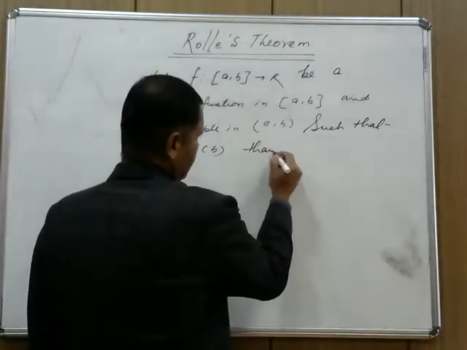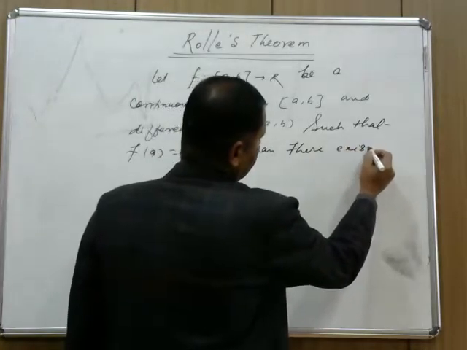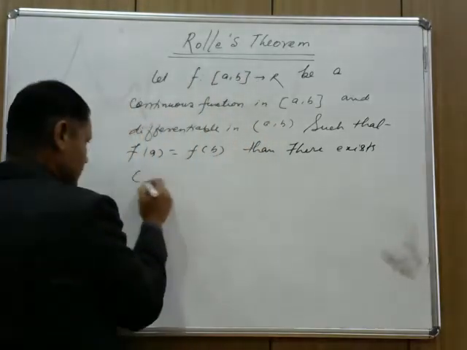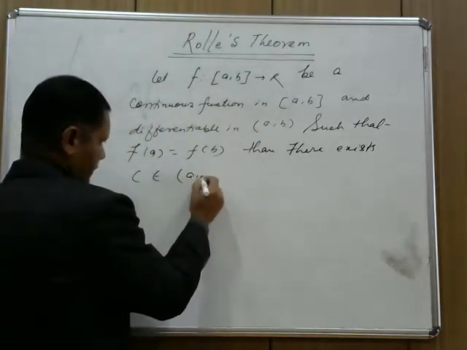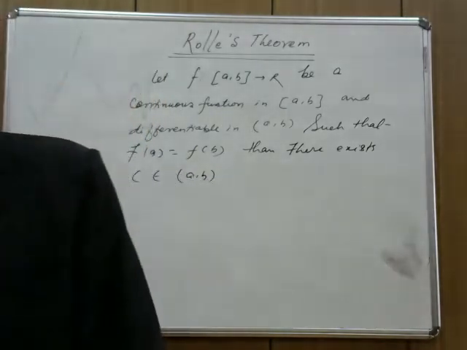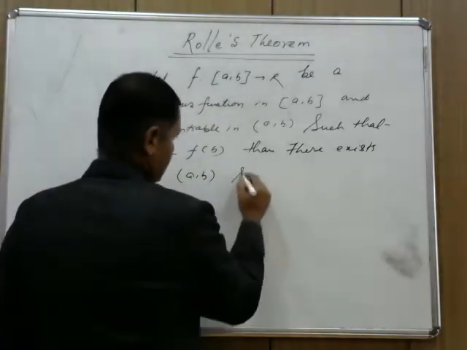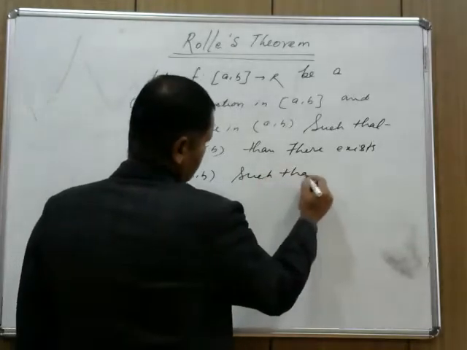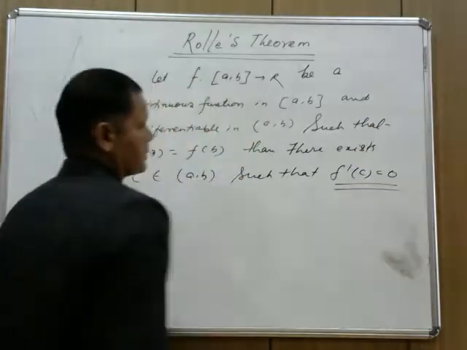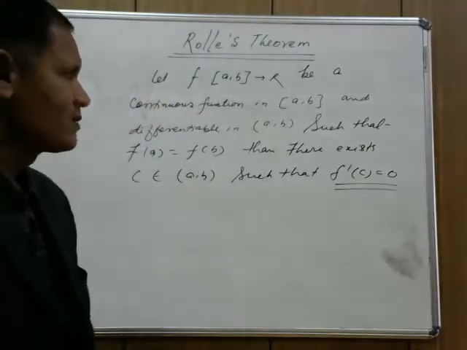Then there exists a number c in (a, b) such that f dash of c is equal to 0. Then we say that yes, Rolle's theorem is verified.